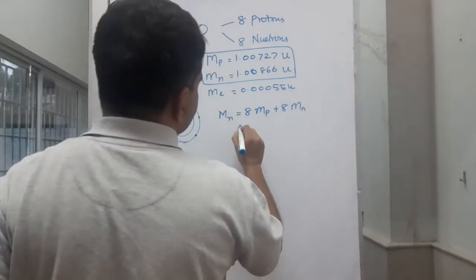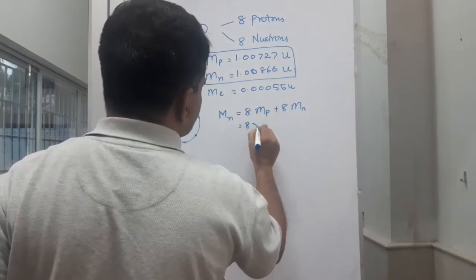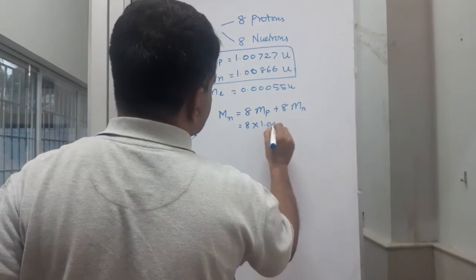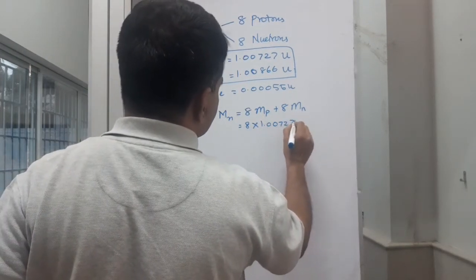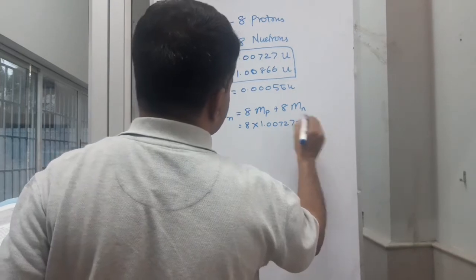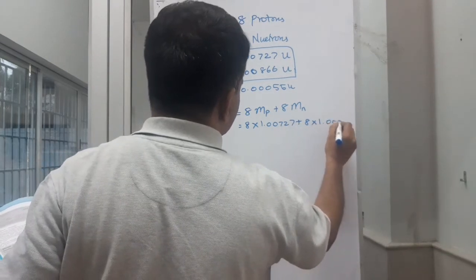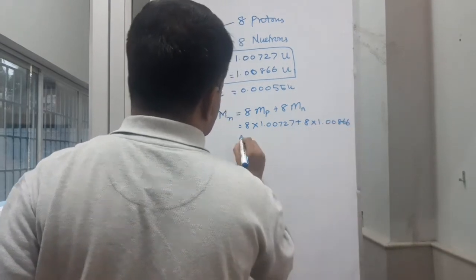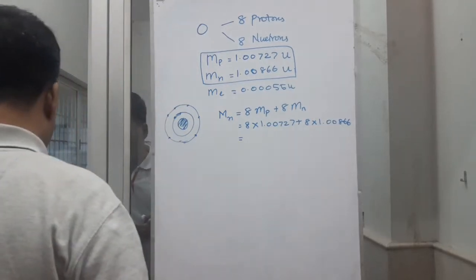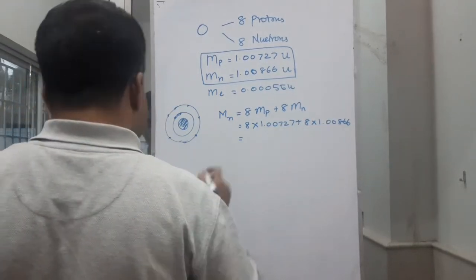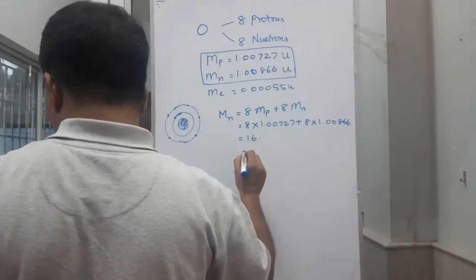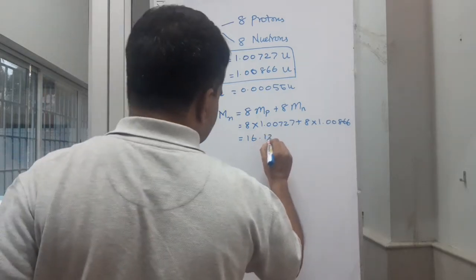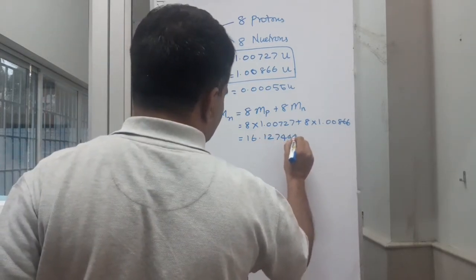So that gives you 8 into 1.00727 plus 8 into 1.00866. So that gives you a total of 16.12744 mass units.